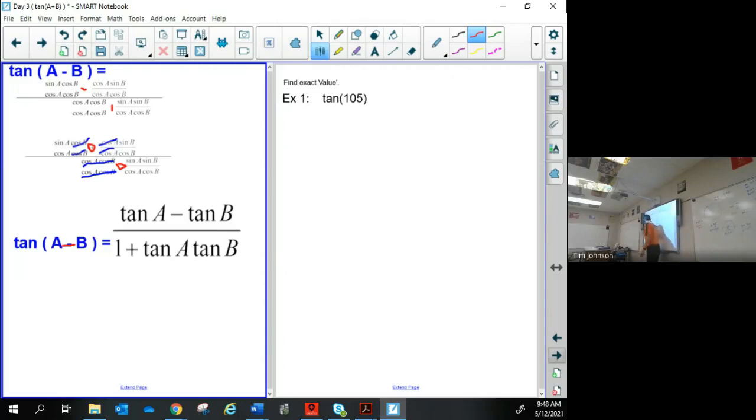Right? It was a minus here. It's a minus up on the top. But that's a plus down there. You got to remember, on the top, you add or subtract them. On the bottom, you multiply them. And since tangent was sine over cosine, sine was the same on the top, so whatever you're doing, if it's a difference problem, you subtract on the top. If it's a sum rule, you add on the top.